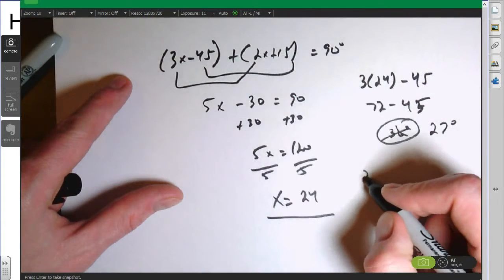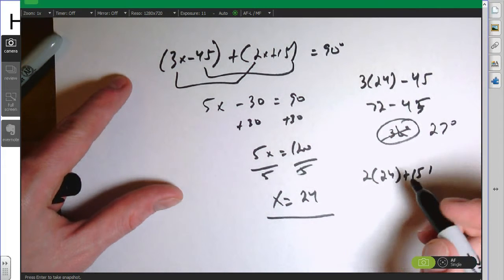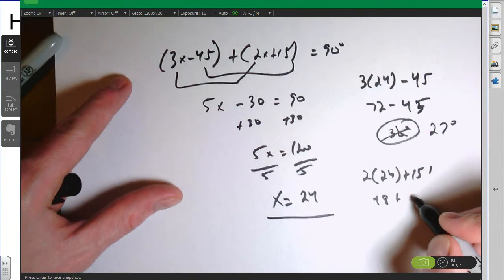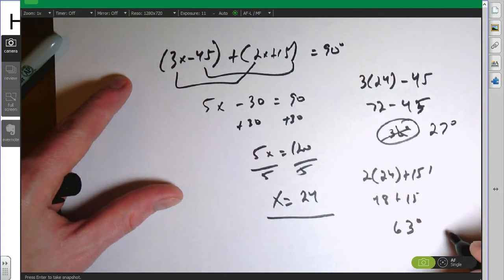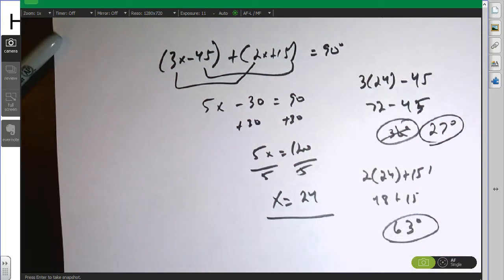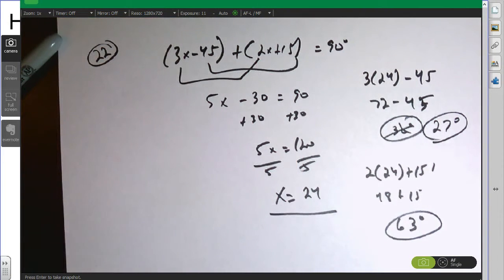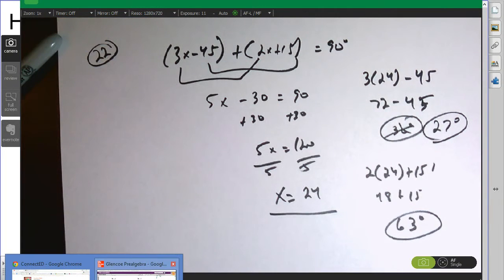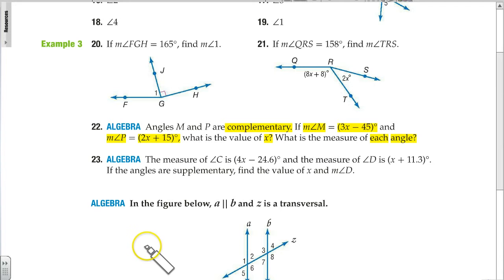And this one here, then 2 times 24 plus 15 ends up giving 48 plus 15, which is 63 degrees. There we go. That was number 22. And let's see here, then we skipped around 22, 24. 22, 24 are the same, I think. 25, very similar as well on that one.